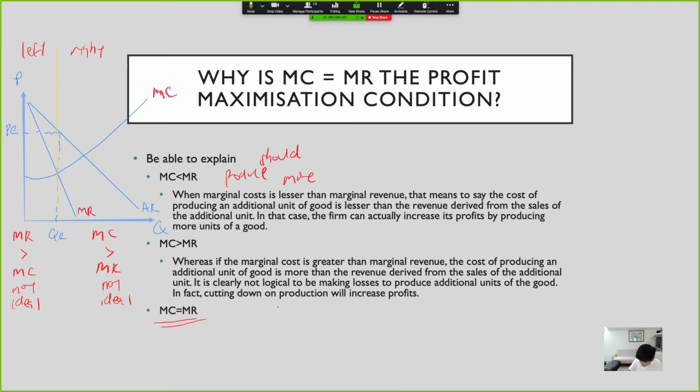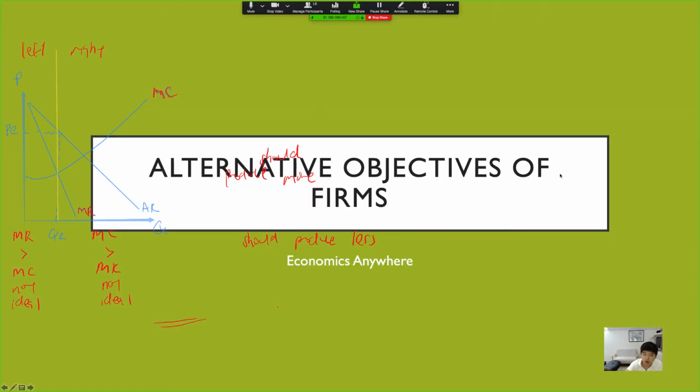If MC is greater than MR, we should produce less. So it makes sense to produce where MC is equal to MR. This is what we call the profit maximization principle, using the marginalist principle. I hope you're able to understand what we were talking about so far.